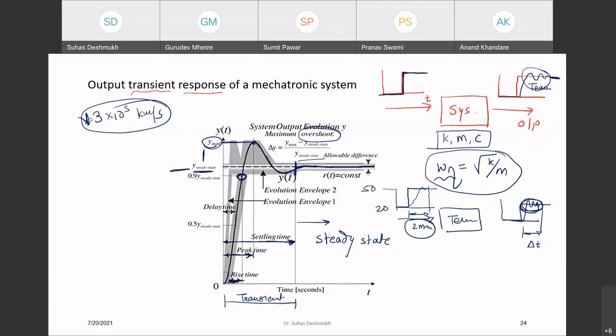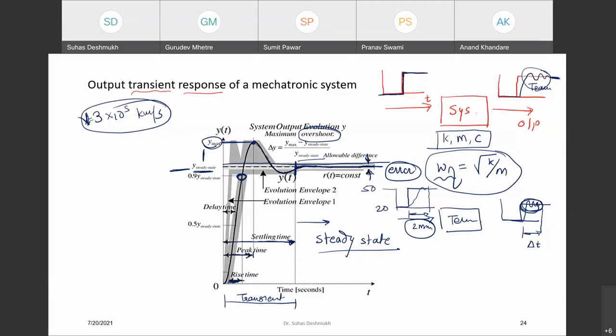Another one: my desired value is this value, but my steady state response is going to give me this. And this is called the steady state error. This is also an error in the steady state domain. I will get a steady state error. And that is the way you can represent any kind of transient response. From this transient response you can get multiple parameters.